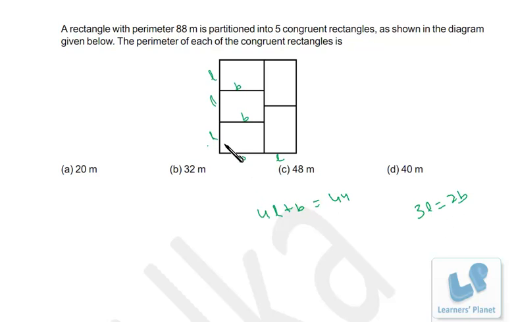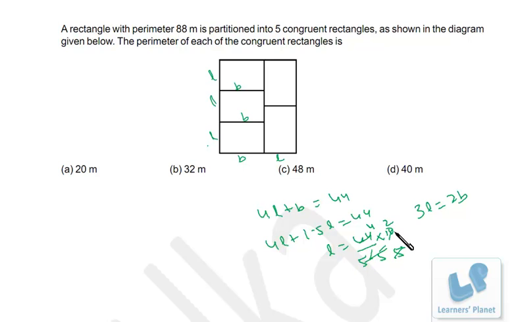Now what we have to find out? We have to find 2 times L plus B. So if 3L is equal to 2B, that means B will be 3 by 2 L. So 4L plus 1.5L is 44. So 4 plus 1.5, 5.5L. So L is 44 by 5.5, 8.